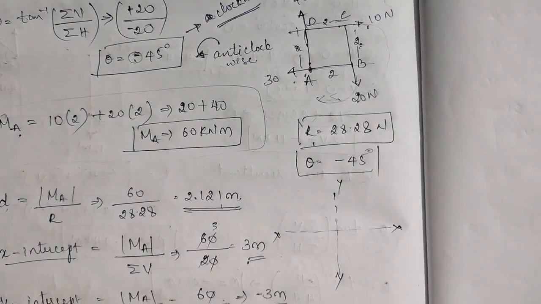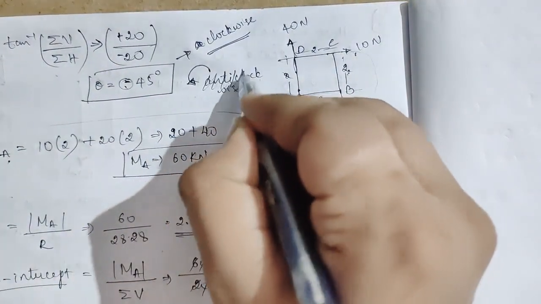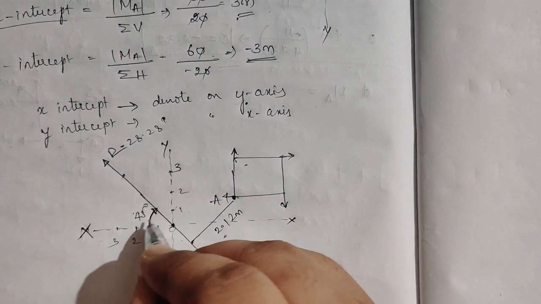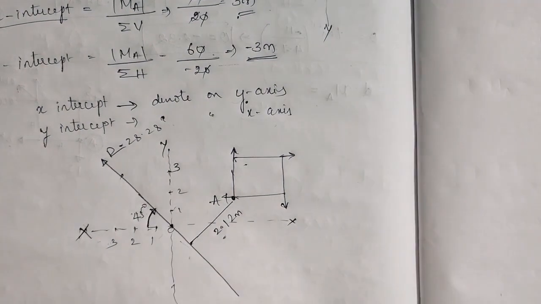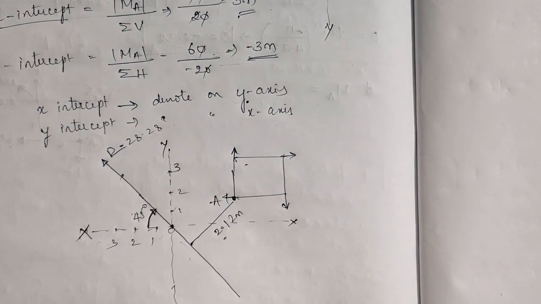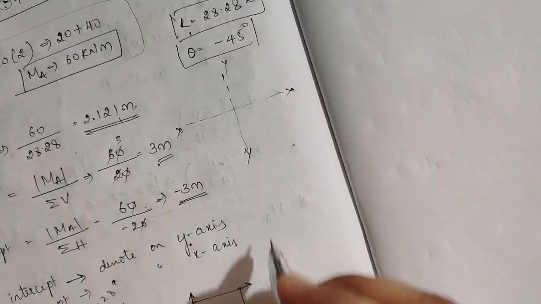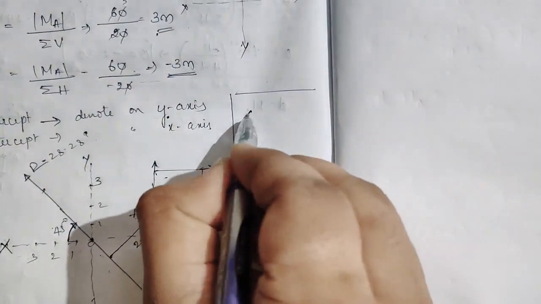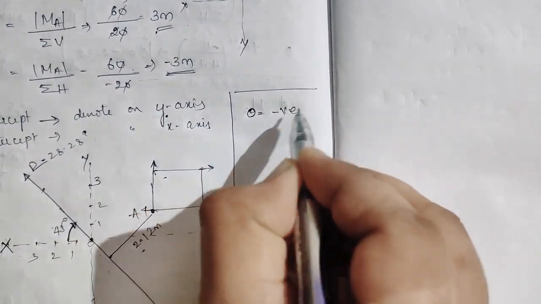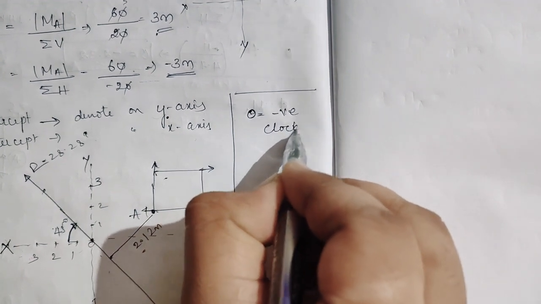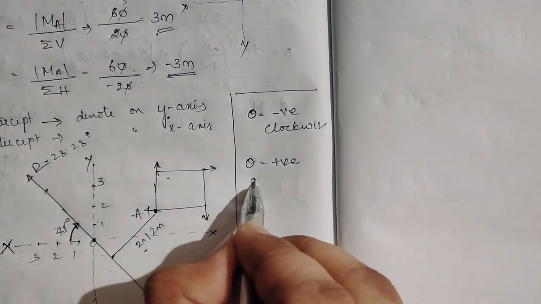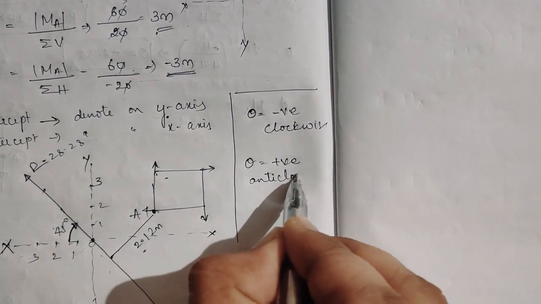If it is clockwise, then it will come here in clockwise direction, that is from X it is 45 degree. Fine. So I'll note here in the concept of theta, theta value is negative, it is clockwise. So theta is positive means it is anti-clockwise.